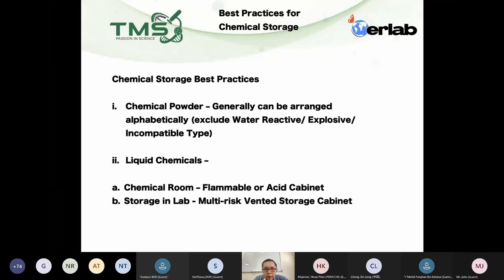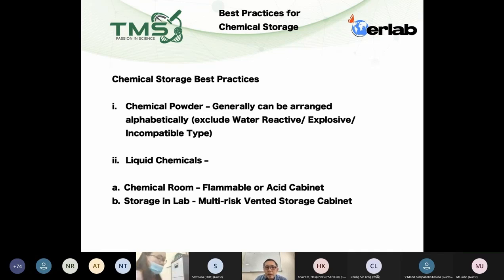Okay, let's start with the powder and liquid chemicals. We should segregate these two types of chemicals. The chemical powder, you can arrange alphabetically, for example A for acetone, and so on: A, B, C, D. Of course, you have to segregate out the water-reactive powders, the explosive powders, or those chemicals that are incompatible with all the rest of the chemical powders.